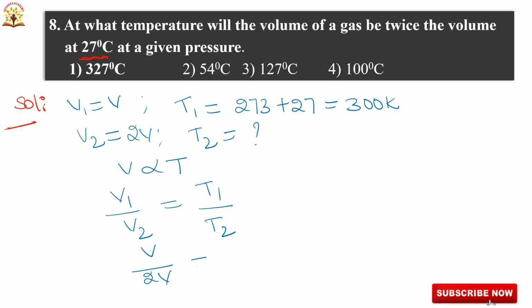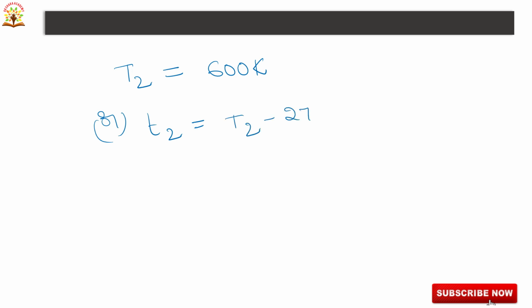So that is equal to T1, they gave as 300, and T2 we have to calculate. V gets cancelled. Taking cross multiplication, T2 is equal to 300 into 2, which is 600 Kelvin, or we can convert it into centigrade, that is T2 minus 273.